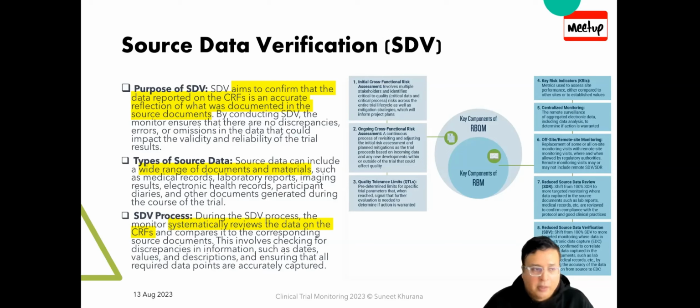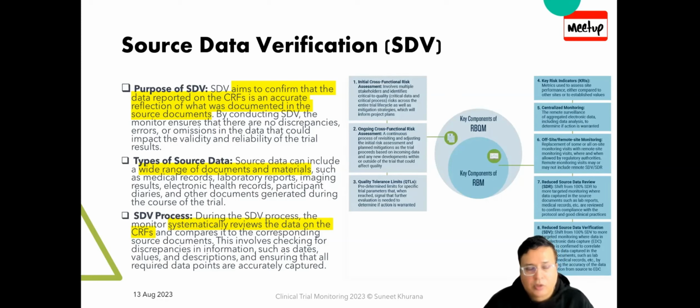They classify the sites into high risk versus low risk, and then they do more extensive monitoring of the high-risk sites, and minimal monitoring of low-risk sites. They determine this through a set of criteria we'll talk about as we go along.